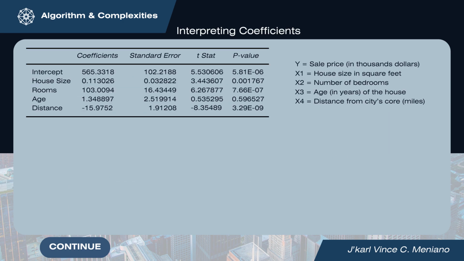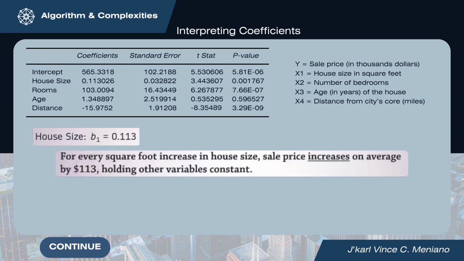Next, we interpret the coefficients for two of the variables. For house size, the estimated regression coefficient, represented as beta hat 1 or b1, has a value of 0.113. It means that for every square foot increase in house size, sale price increases on average by about $113.